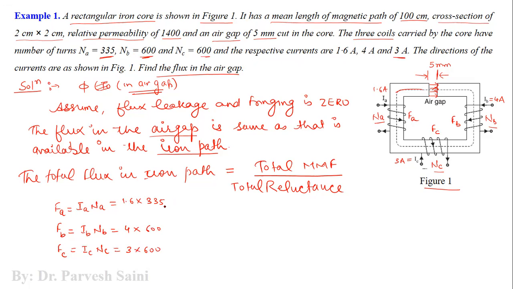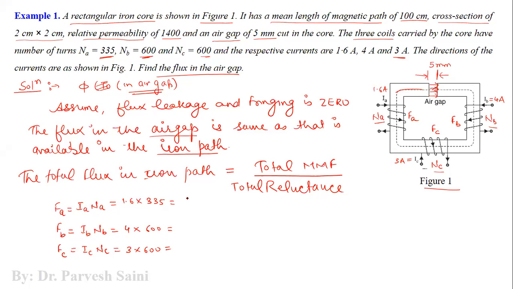So now we can easily calculate this. On calculating, this is 536 ampere turns, this is 2400 ampere turns, and this is 1800 ampere turns.